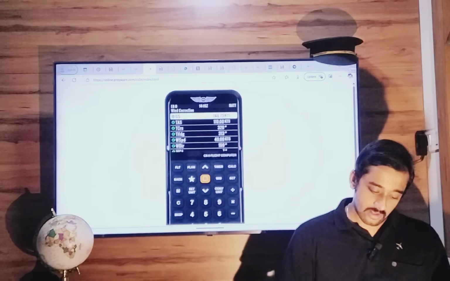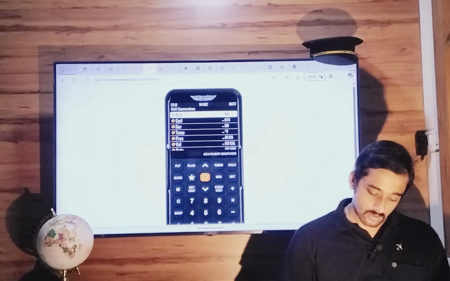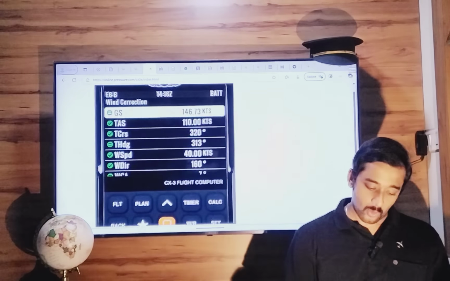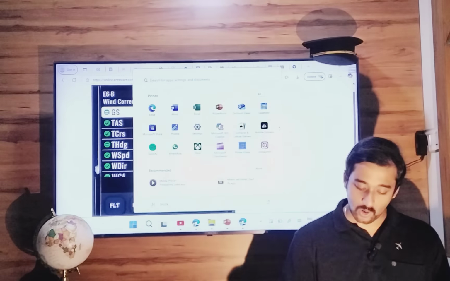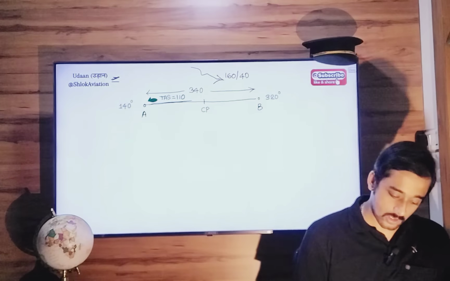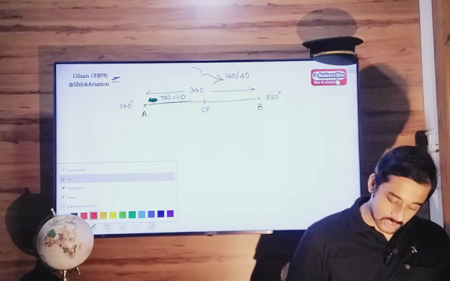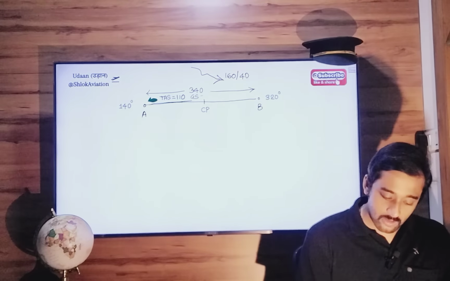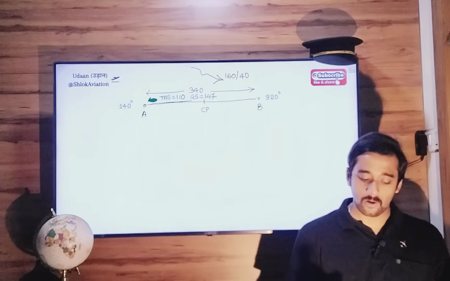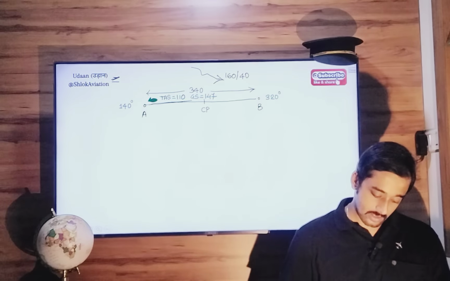So your ground speed will be 146.73 knots. That is 147 knots. Outbound ground speed will be 147.